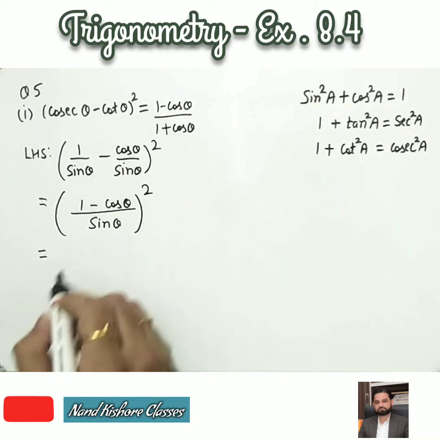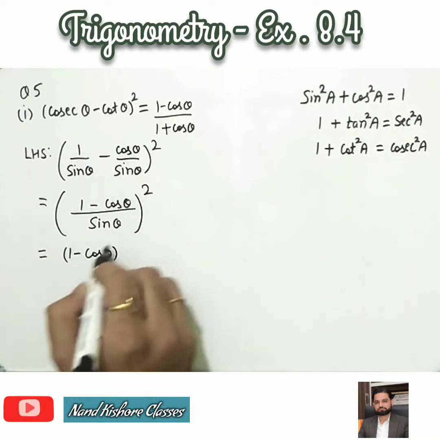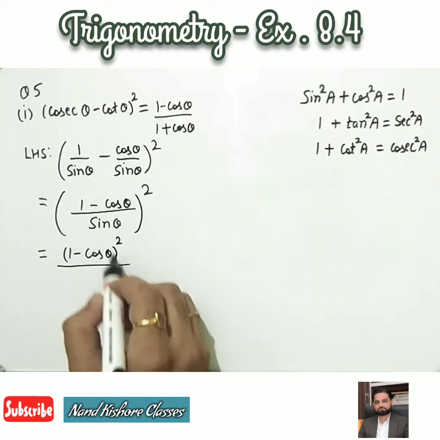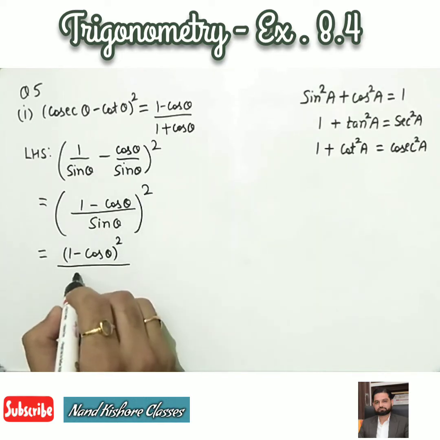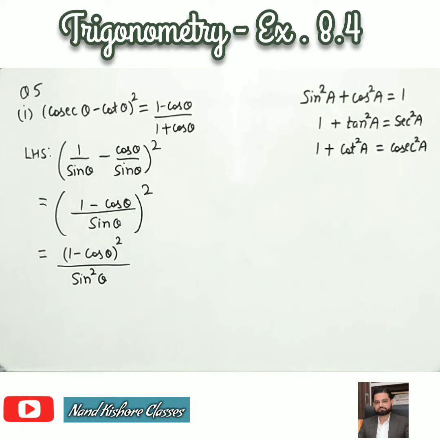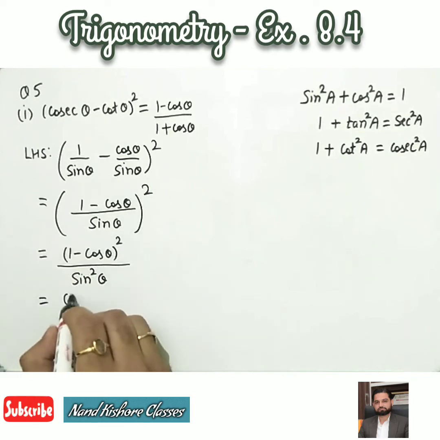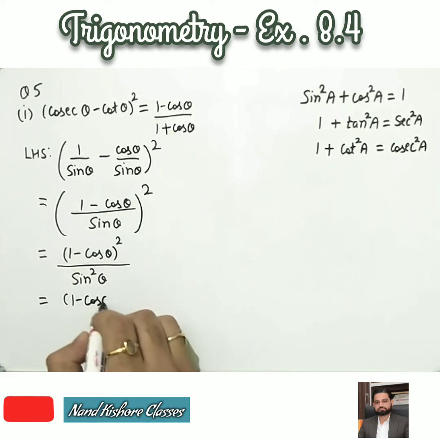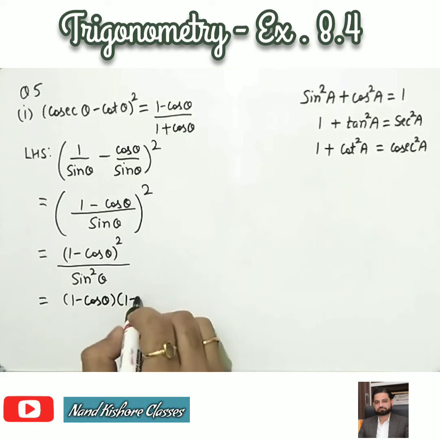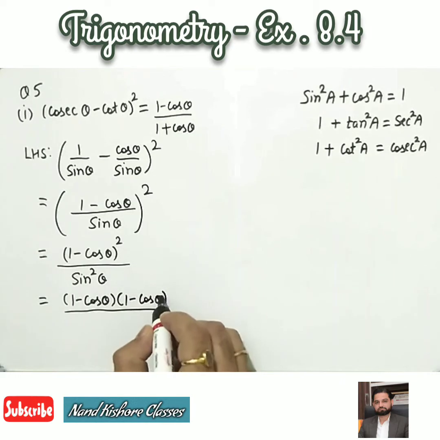Then separate it out, (1 minus cos theta) whole square separate. In numerator I am writing, and in denominator sin theta square means sin square theta. Then since it is a whole square, I can write it twice, (1 minus cos theta) multiply (1 minus cos theta) again, and in denominator sin square theta is there.